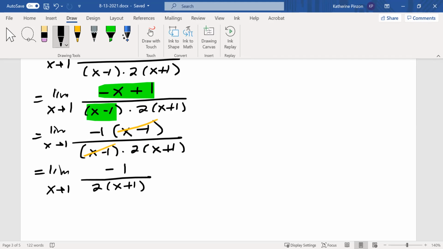Now that term that was giving me a 0, that x minus 1, is gone. So now when I plug 1 in, we hope that we're not going to get 0 in the denominator anymore. So now I'm going to plug 1 in for x. We know what the answer should be, right? Remember what the answer should be? -1/4, yep. So -1 over 2 times 2, -1/4.